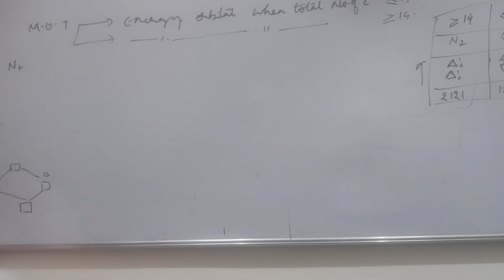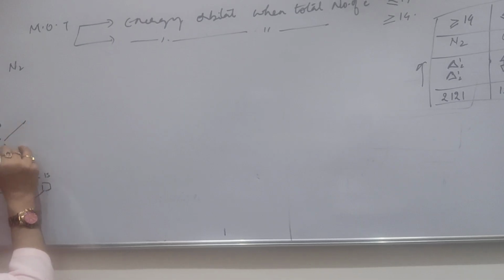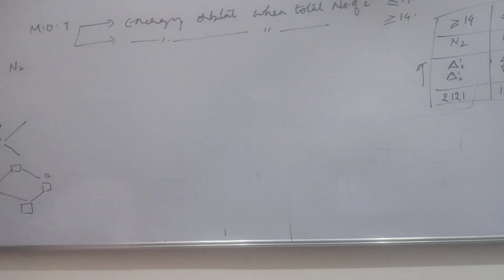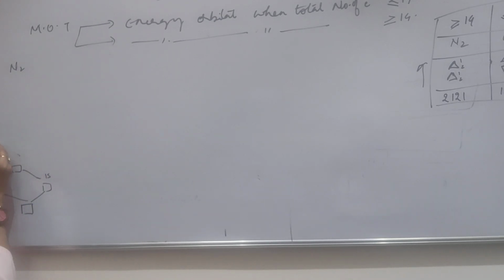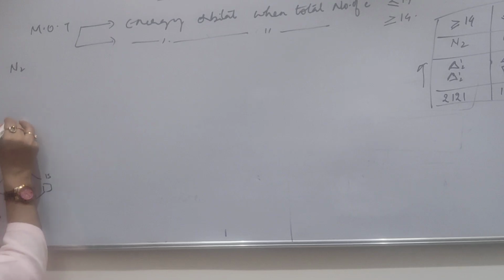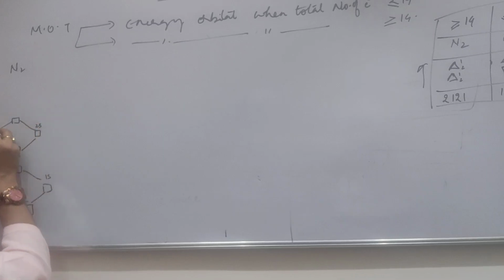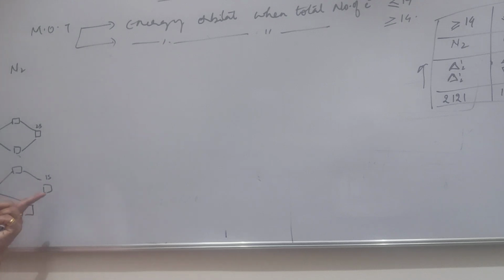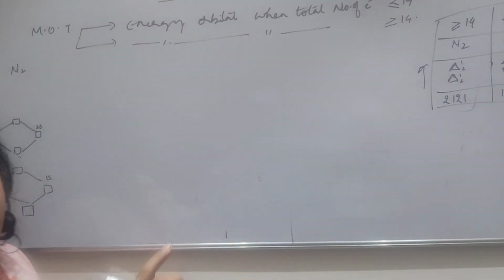This is the 1s orbital and the 2s orbital. Of course, we have seen that similar orbitals with the same energy will combine together to form molecular orbitals. This is the 2s orbital and we have to go with the 2-1-2-1 pattern.